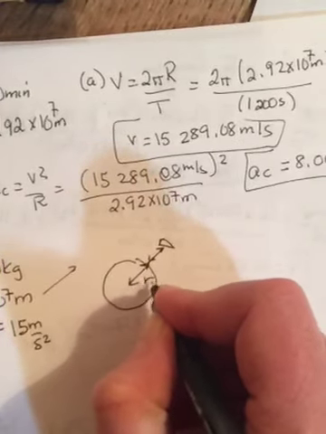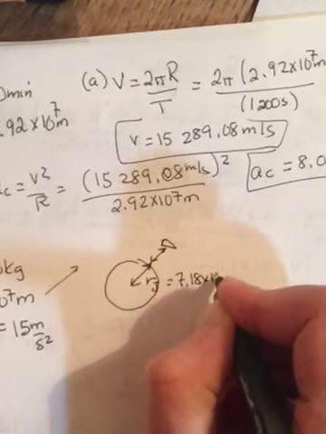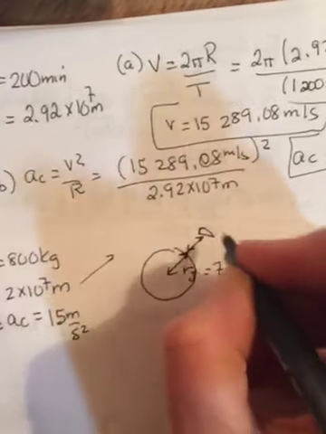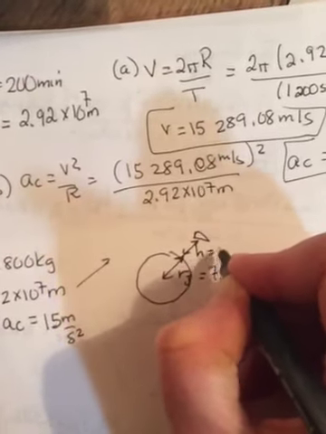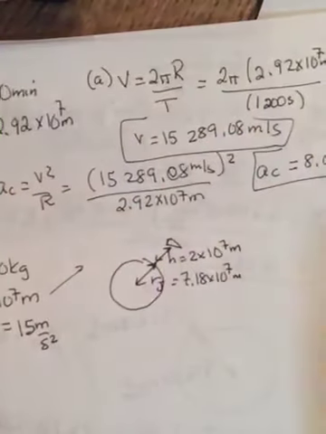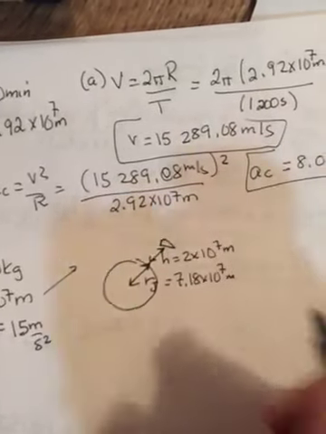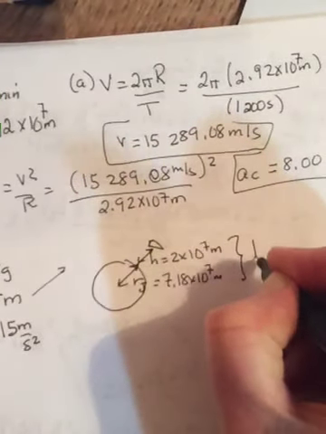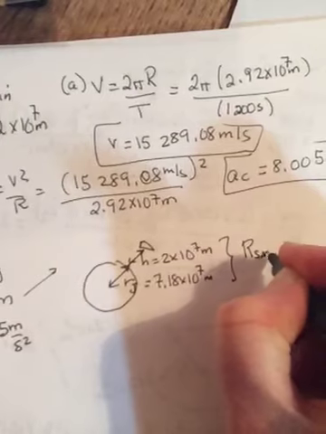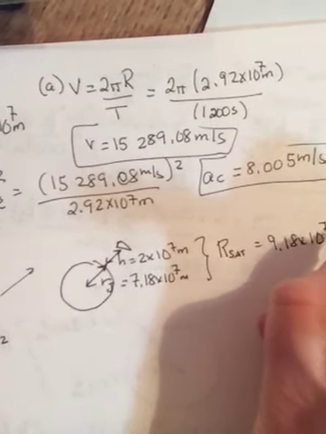And then the height is 2 times 10 to the 7th meters. If you add these together, you get the radius of the satellite's orbit, 9.18 times 10 to the 7th meters.